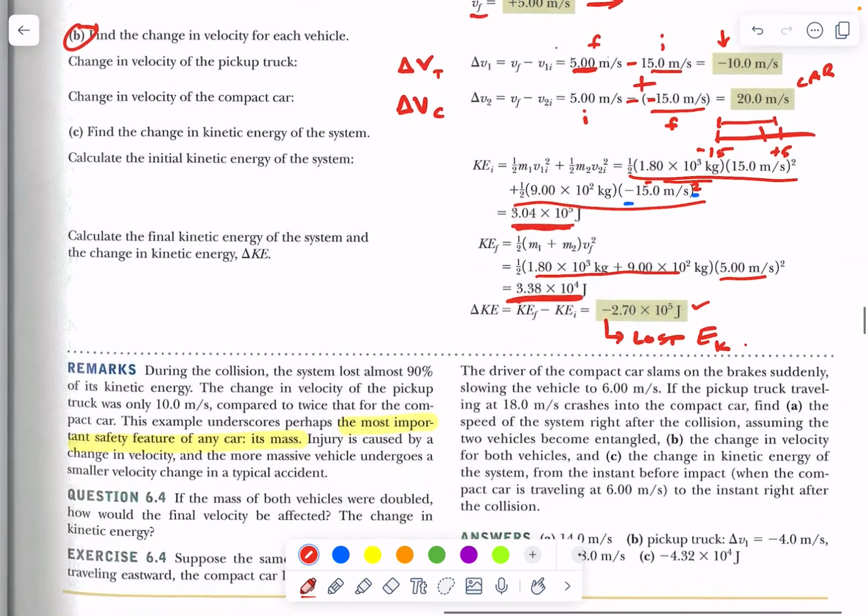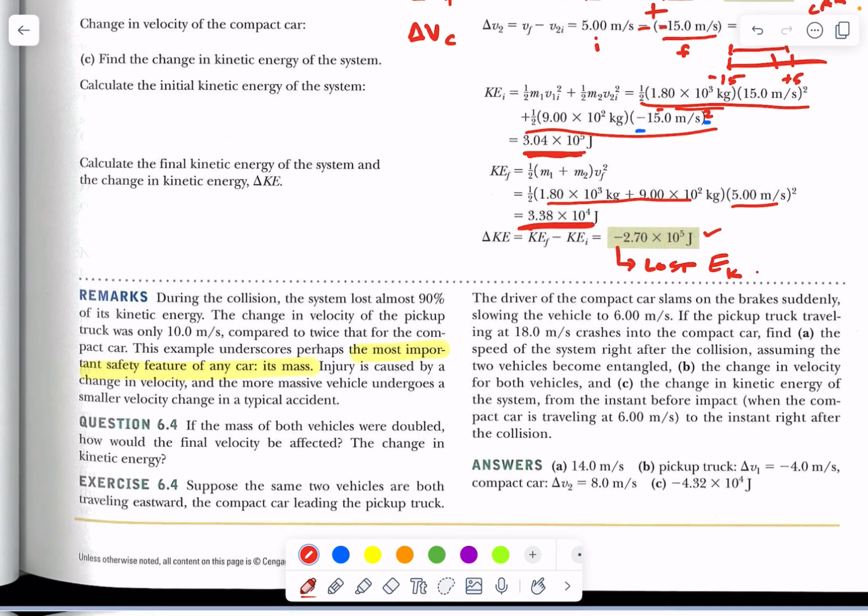And your remarks here remind you that the most important safety feature of any car is its mass, which is why one of the downsides of trying to make cars lighter and lighter and using composites and things like that in order to reduce the mass so that you can improve the gas mileage.